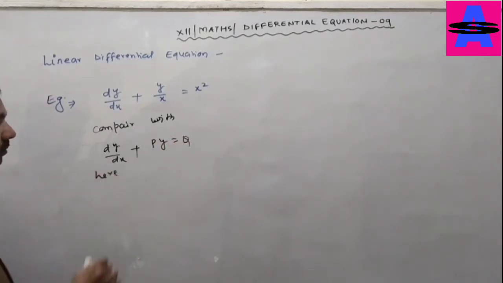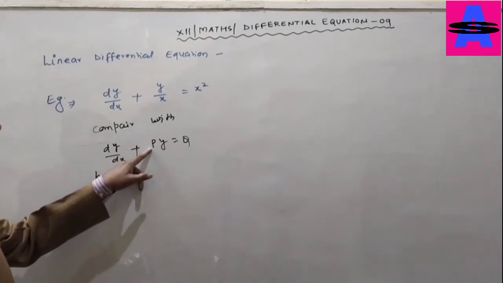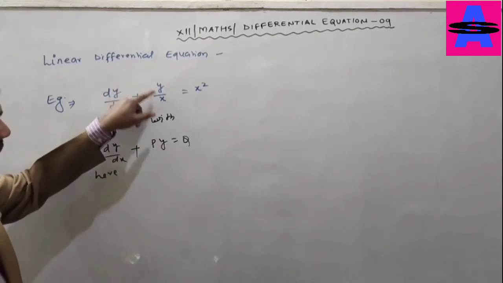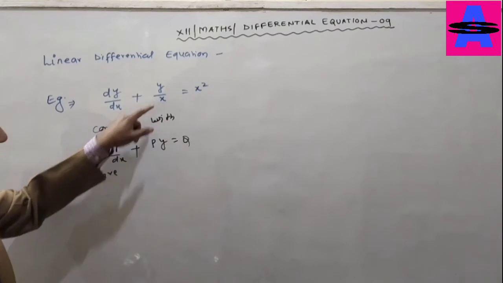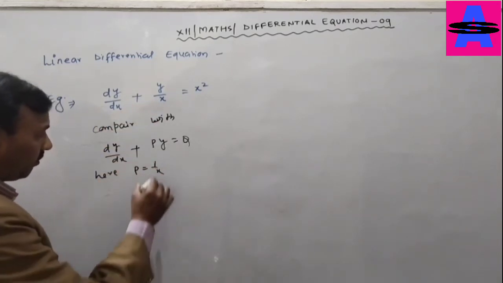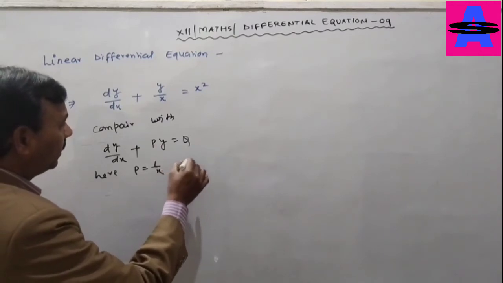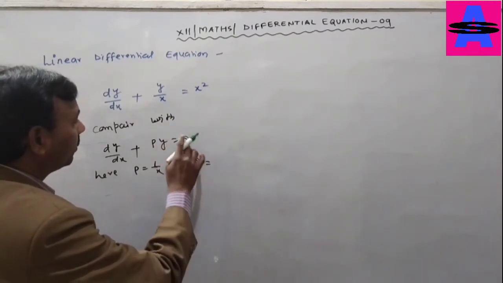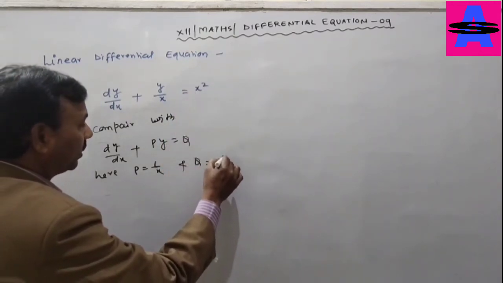Here p equal to the coefficient of y, means the coefficient of y is 1 by x, so p equal to 1 by x, and q equal to x square.